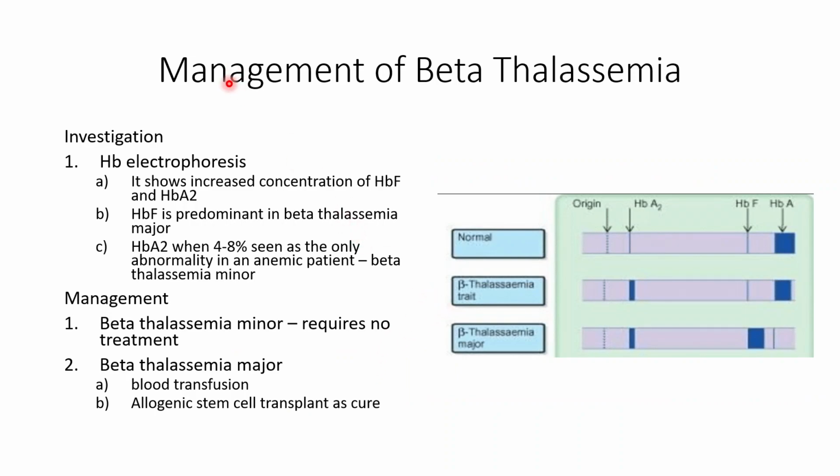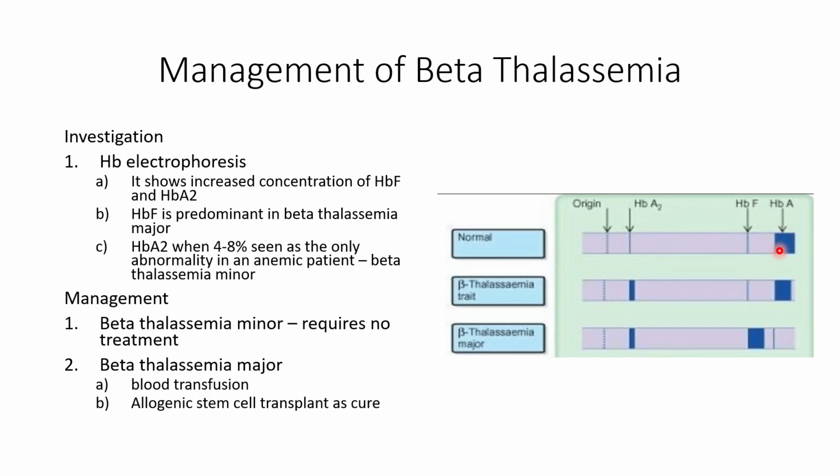So first the investigation. Just like in sickle cell anemia, hemoglobin electrophoresis is used here also. Now in hemoglobin electrophoresis, see this is normal. We have taken the point of origin over here, we apply the sample over here, and adult hemoglobin moves till here.